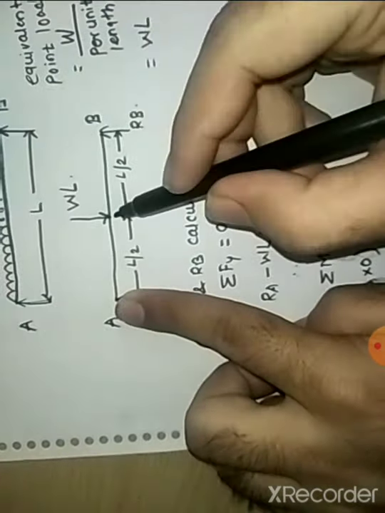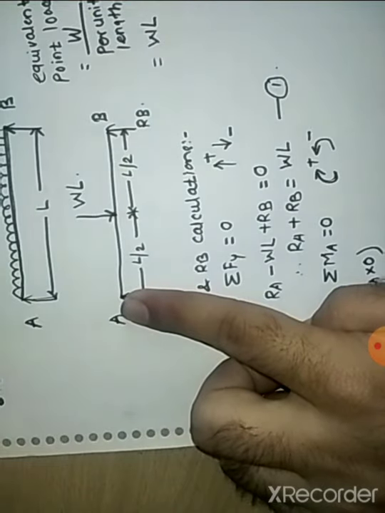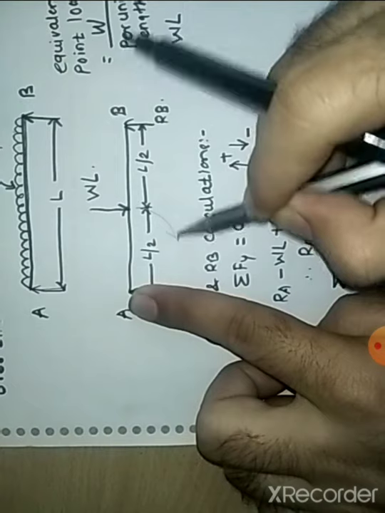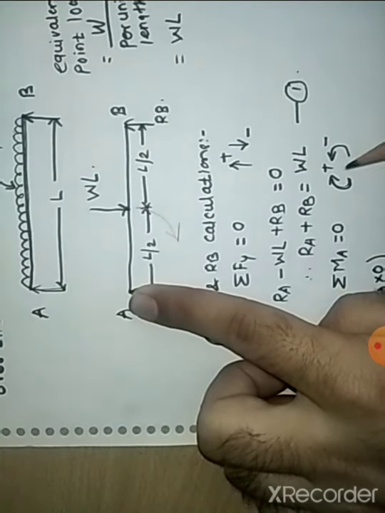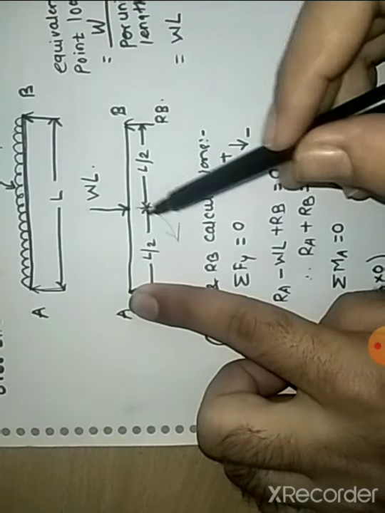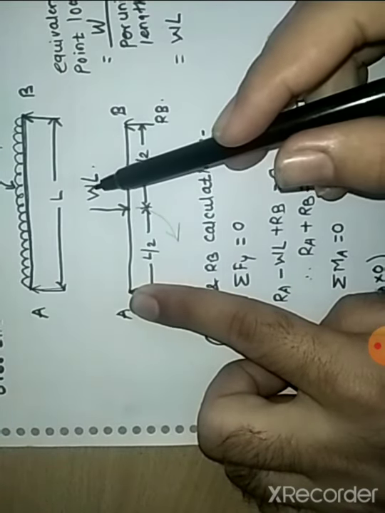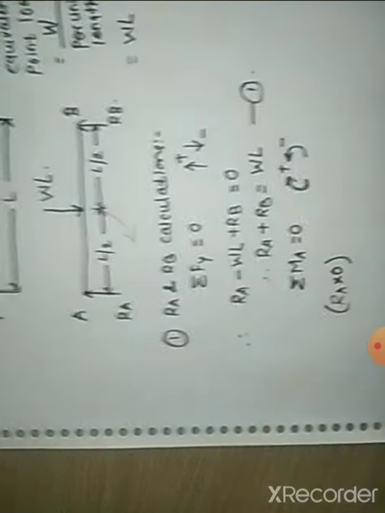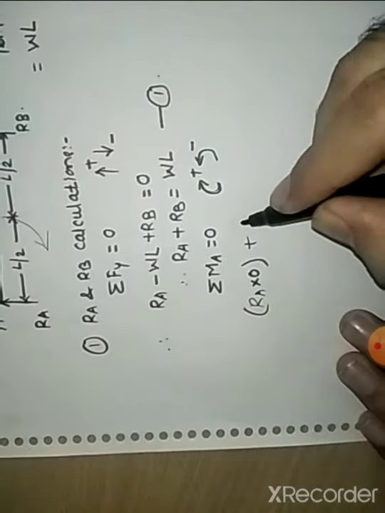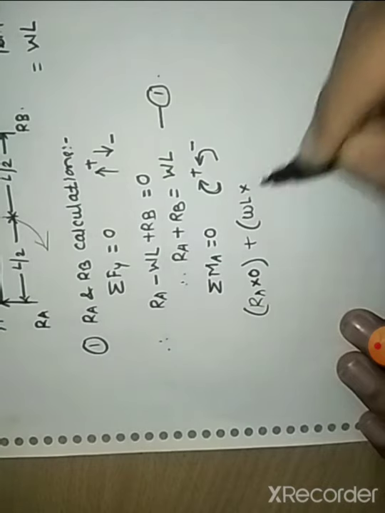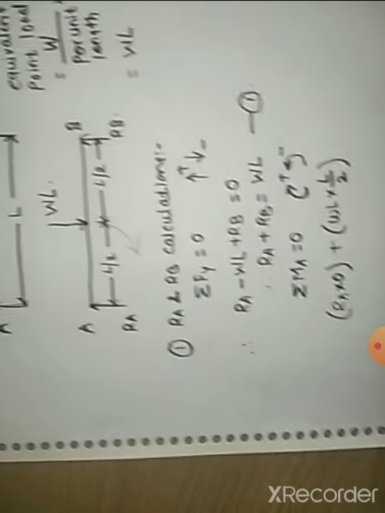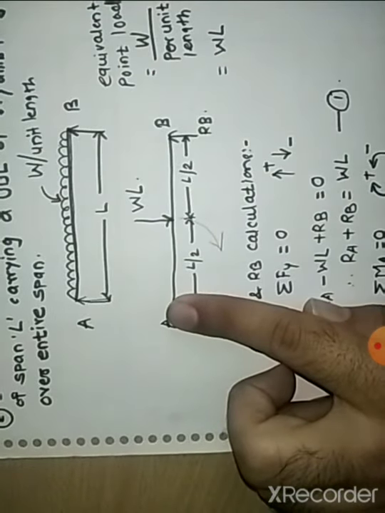Then next WL. WL will travel clockwise, and clockwise is positive. So plus WL into distance L by 2, plus WL into L by 2. Next RB.